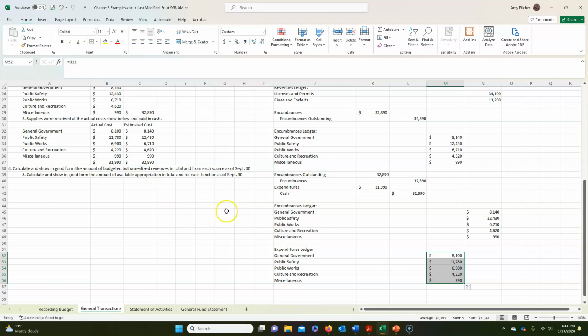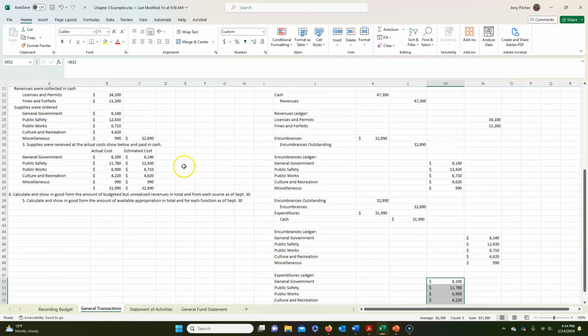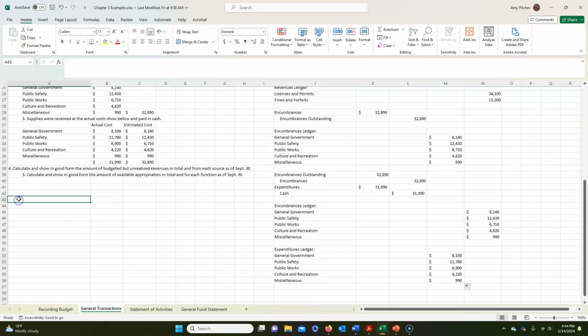Oh, no, we do have those numbers. So what this looks like then is we put the revenue source. Okay, so we've operated for a month. We have our budgeted revenues, the actual revenues that we've received, and then our unrealized revenue. So revenue we have not yet received.